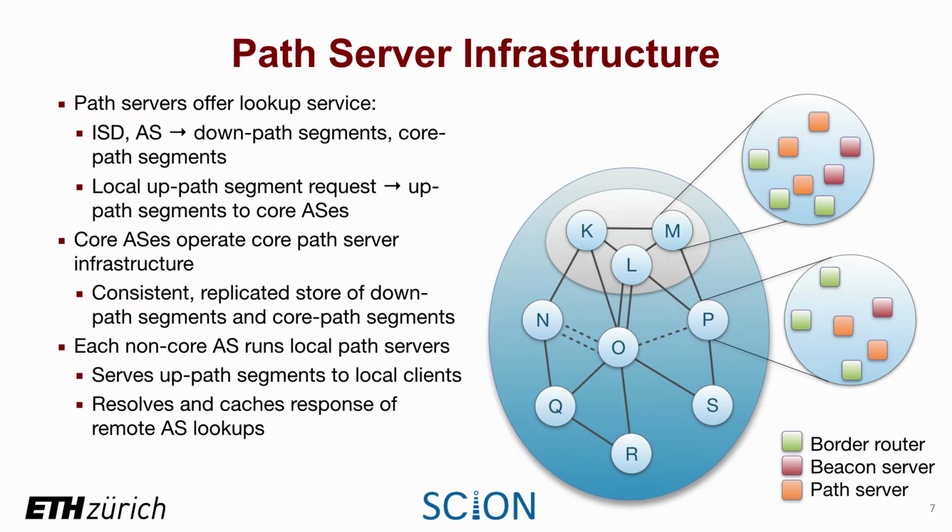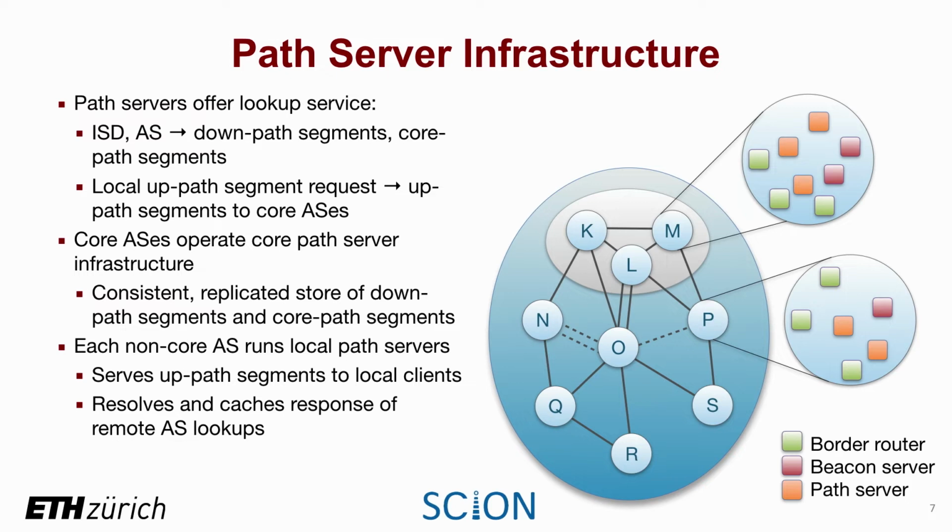So essentially, again, up and down is just relative. As we depict core ASs at the top of these ISDs, we call an up path a path that goes from an AS into the core, and the down path as a path that goes from a core AS down to a non-core AS.